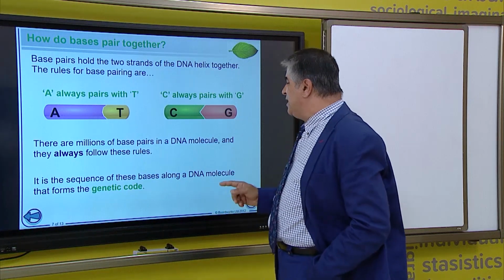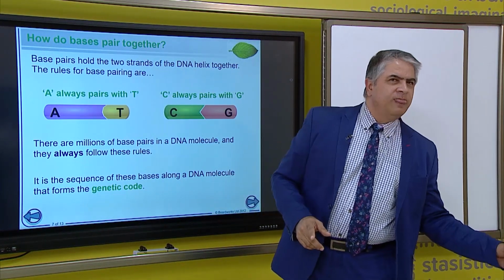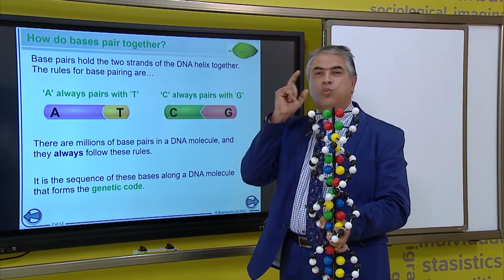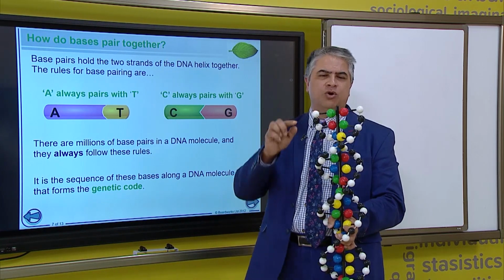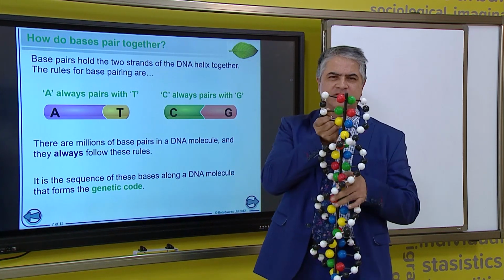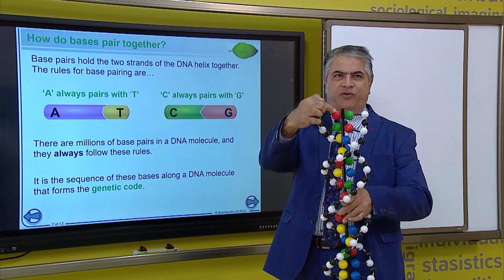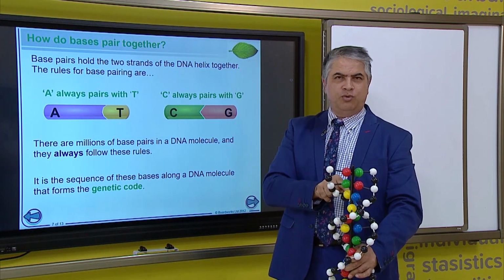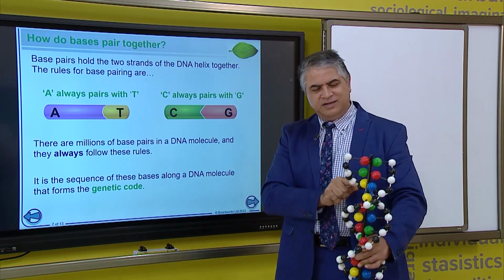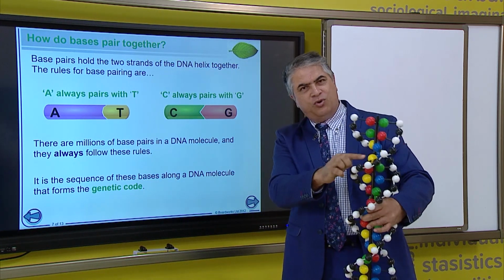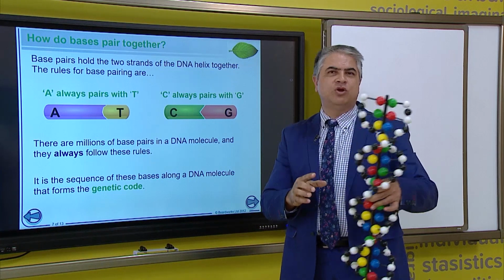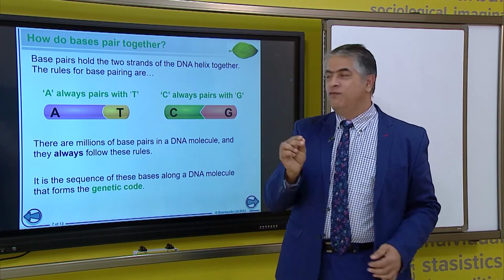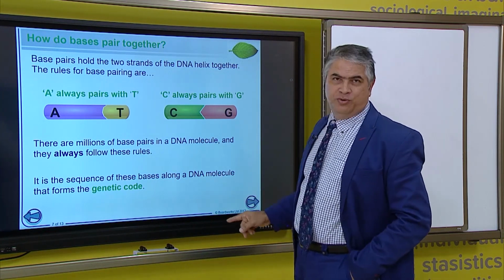Now, the sequence of these base pairs is what holds the genetic code. As you can see, the sequence starts red, green, yellow, blue. And it moves on to yellow, red, yellow. So that sequence has the genetic code for that molecule.